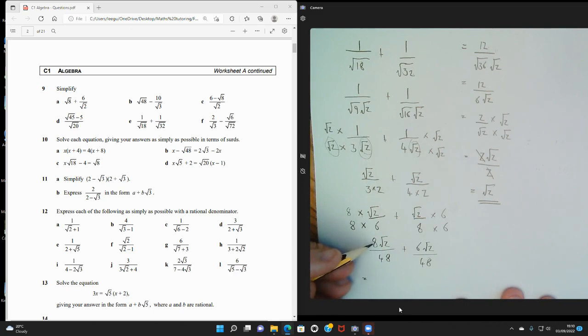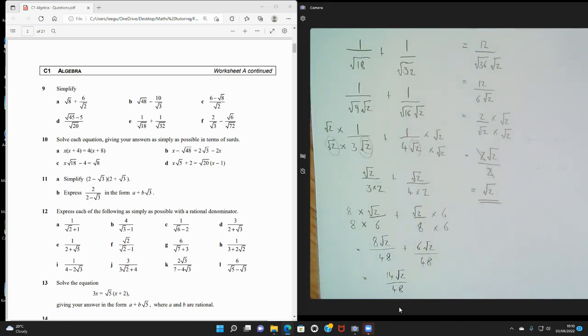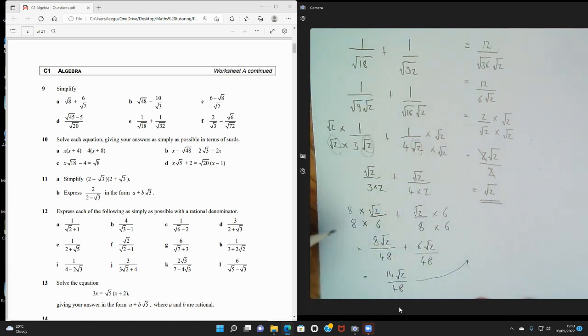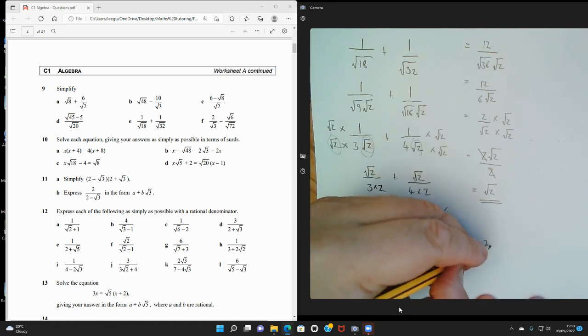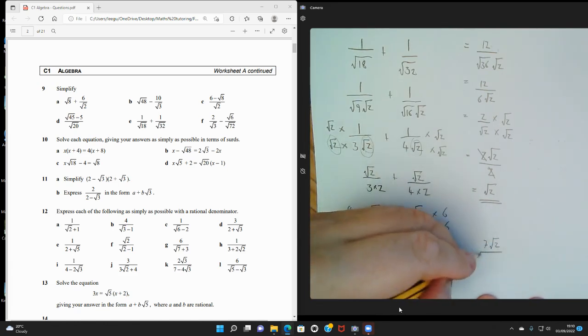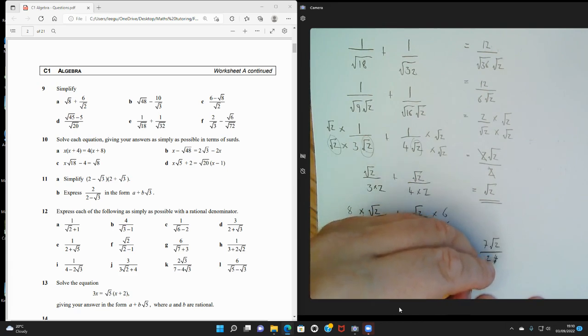So that is going to give me 14 root 2 over 48. And now I can simplify that down into 7 root 2 over 24.